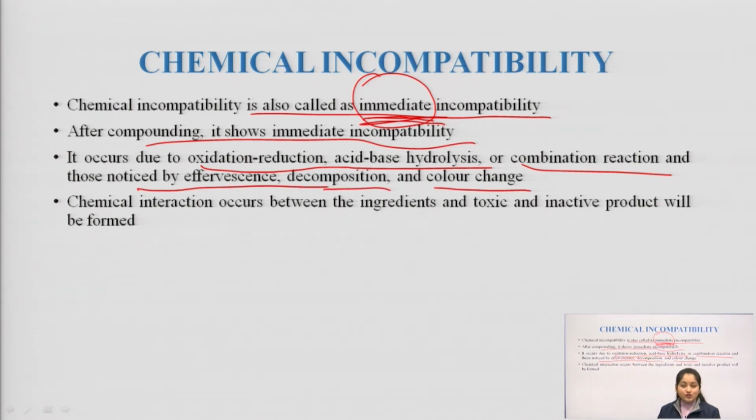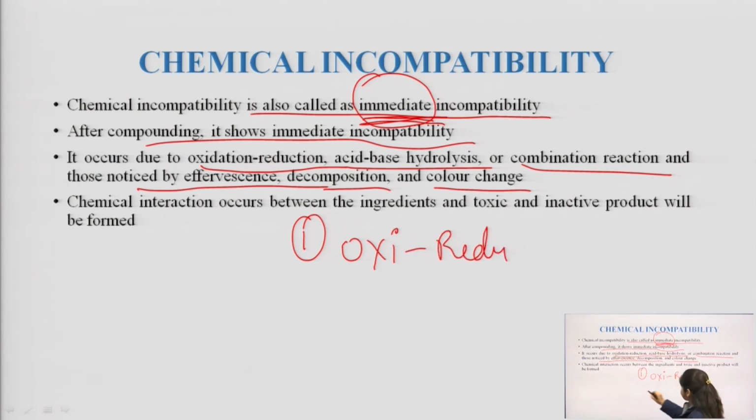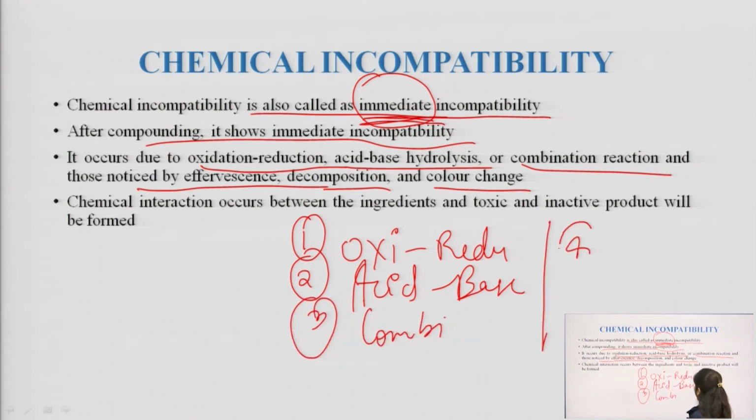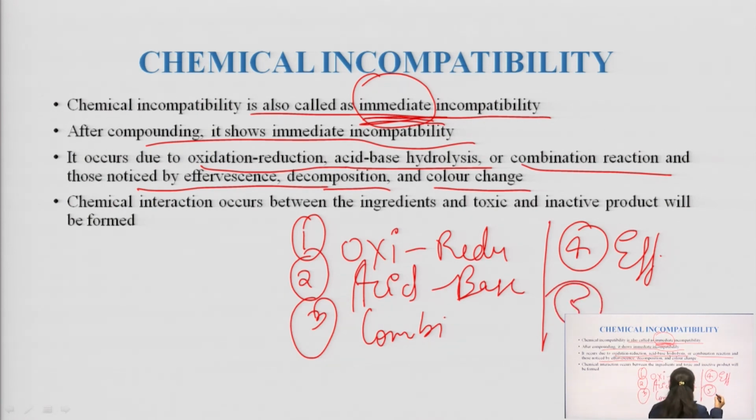So, chemical incompatibility is majorly due to oxidation reduction, acid base hydrolysis, combination reaction, effervescence, or to be more precise evolution of gases, and lastly decomposition reaction.